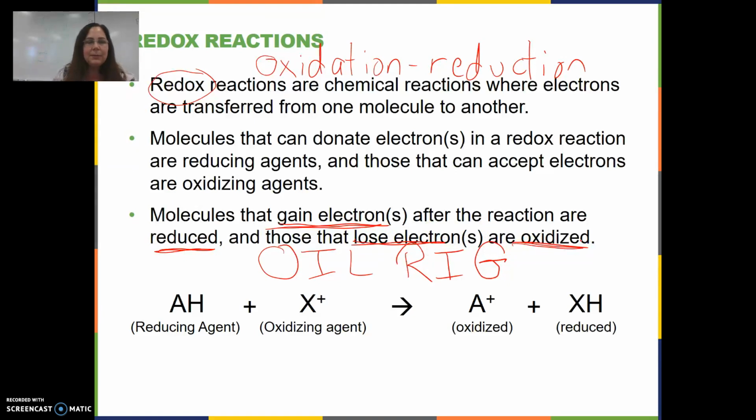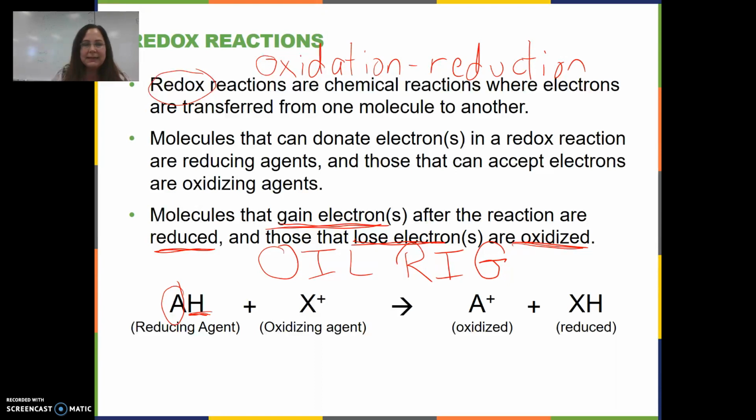So what happens in a chemical reaction is you'll have some chemical A and some chemical X. A is going to be your reducing agent because it has a hydrogen atom attached to it. And then X is going to be the agent that the hydrogen will be transferred to. What you have to understand is that a hydrogen atom contains one proton and one electron.